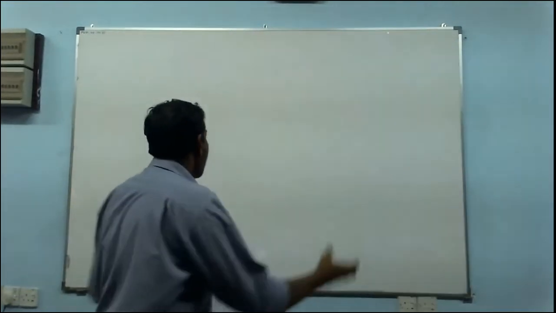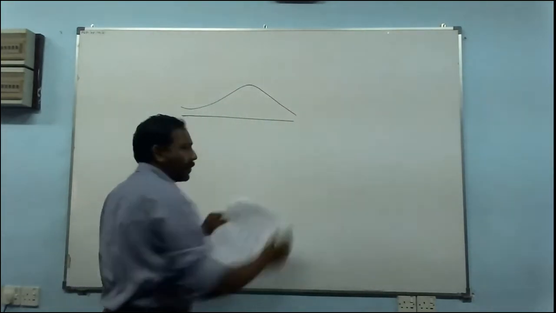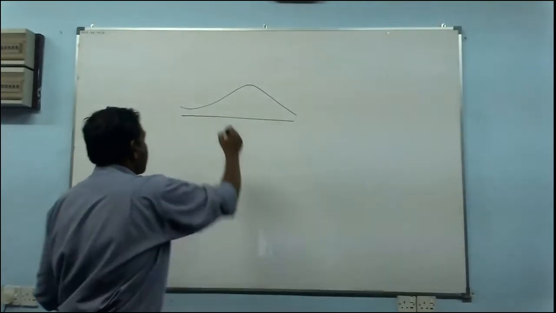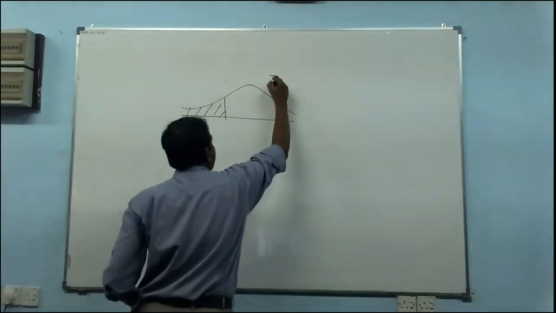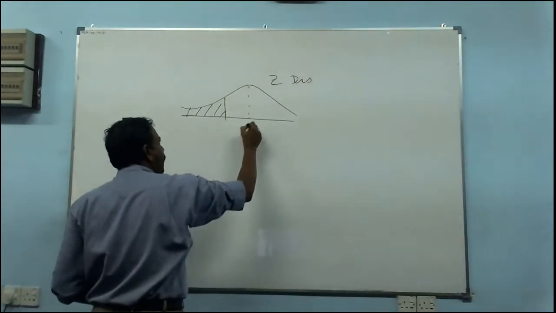Now, if you look at the probability here, this table gives the probability on the left side. Suppose this is the z distribution, and this is the value of 0.